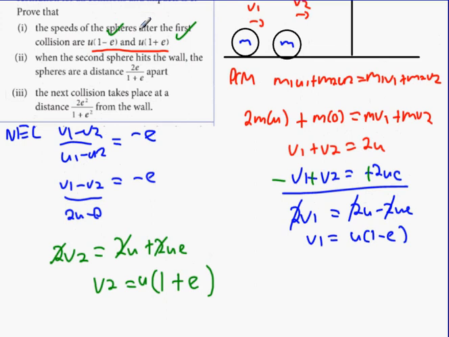When the second sphere hits the wall, the spheres are a distance 2E over 1 plus E apart. The next collision takes place at a distance 2E squared over 1 plus E squared from the wall. So, prove that the second sphere hits the wall when the spheres are a distance 2E over 1 plus E apart.